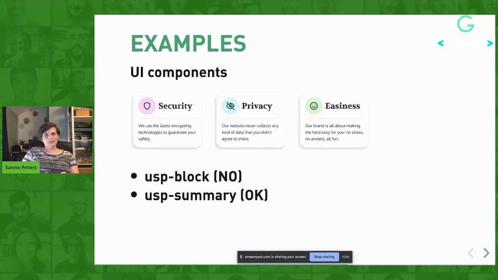So another example, UI components, because I'm a front-end developer and I like to show visual things. What really happens a lot with me is that I get these UI components and the designer really doesn't think about if they should have a name and what name they could have. So I usually just pull them to my desk, or I do a video call these days, and start talking about what I should call these things.